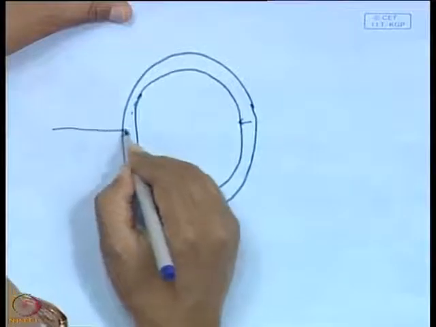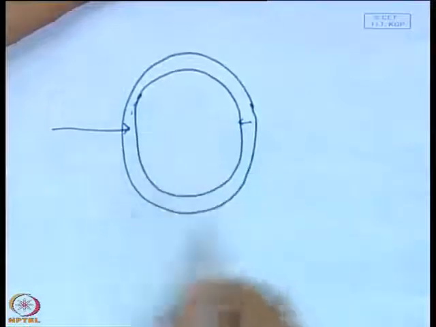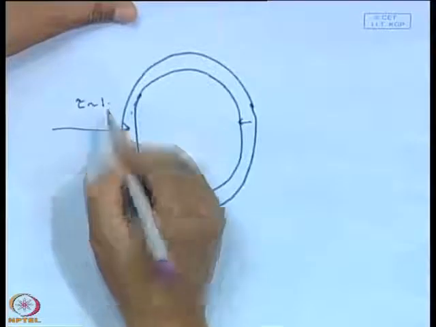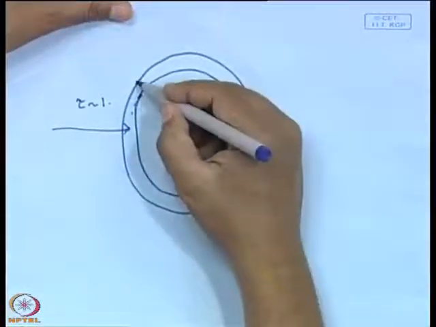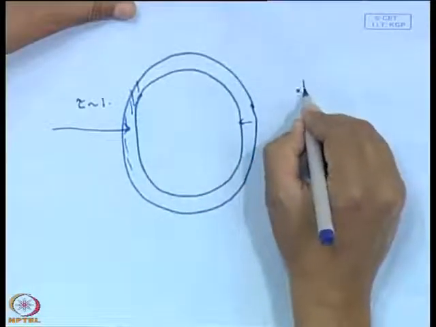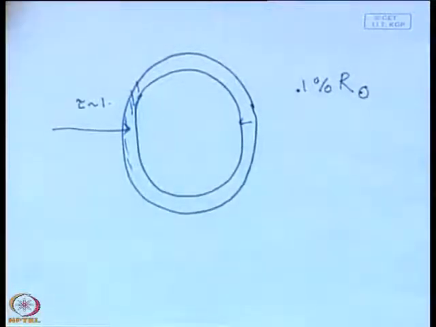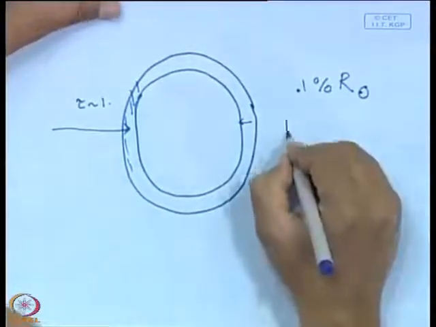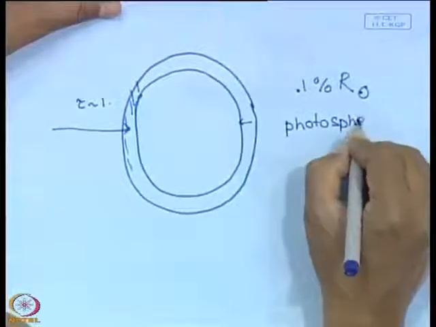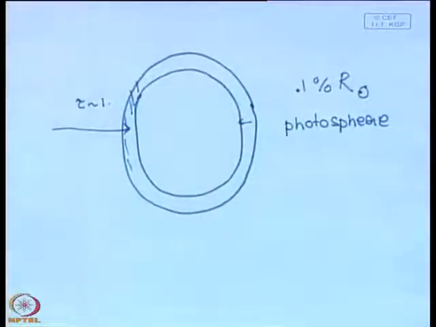So, we are looking from here, and the radiation originates from a surface inside the sun where the optical depth is of the order of unity. So, it originates from a thin shell, and the thickness of this is extremely small. It is around 0.1% of the total radius of the sun, and this is called the photosphere. So, the photosphere is where the optical depth reaches 1.